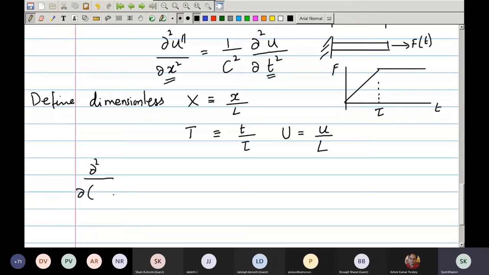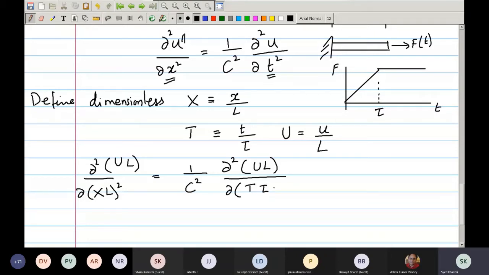What is x? x is nothing but capital X into L, so we get L square here, and u is capital U into L. This will be equal to 1 by c square, same thing, d square of capital U into L divided by d of capital T squared, times tau square.